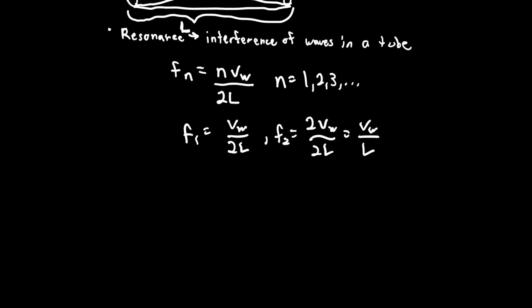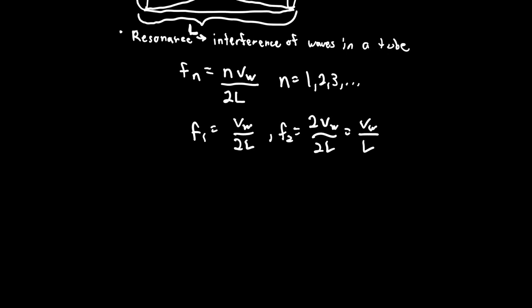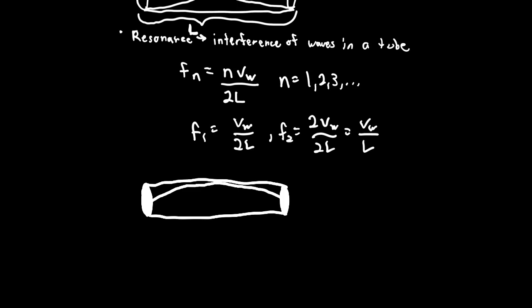I can do this for a tube that's actually closed on both ends too. So I take my tube, I draw it, and it's closed. So I'm going to shade those in. Now when I'm closed, I can't have antinodes. I can't have my wave be open. So I have to have nodes on both ends. So I can draw my wave going up and coming back down, hitting the center as a node. And then I can have it reflect and bounce back.